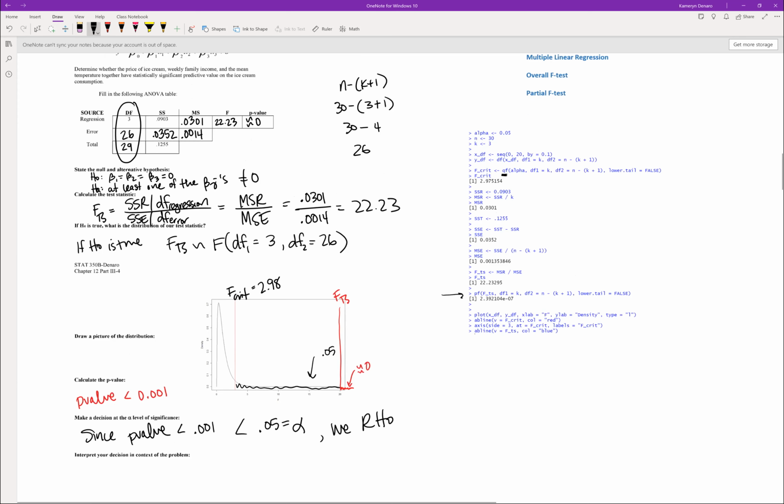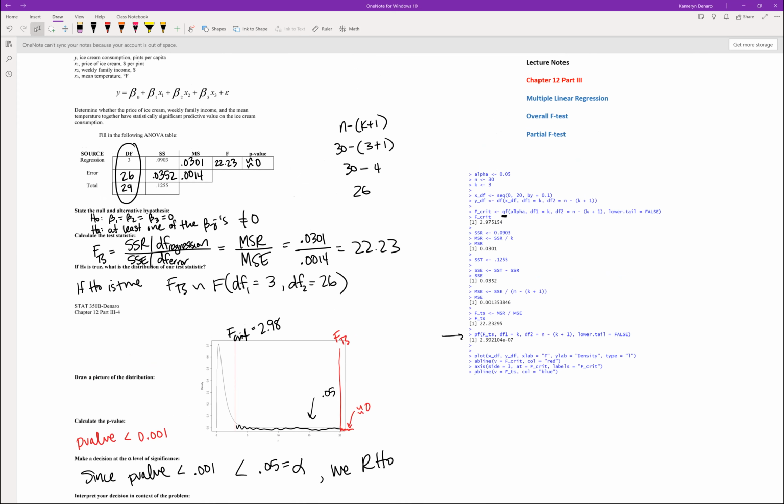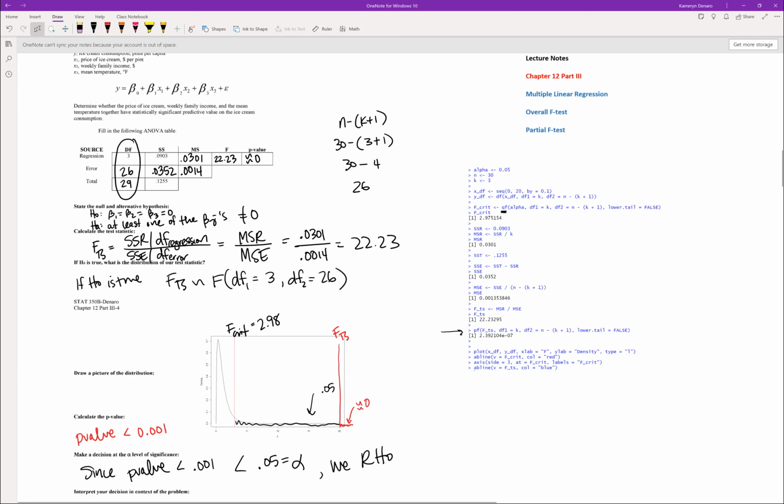So what we can say is if we want to predict ice cream consumption, then we can say the price of ice cream, weekly family income, and the mean temperature all taken together is predictive of ice cream consumption. So let's write that out again, right?